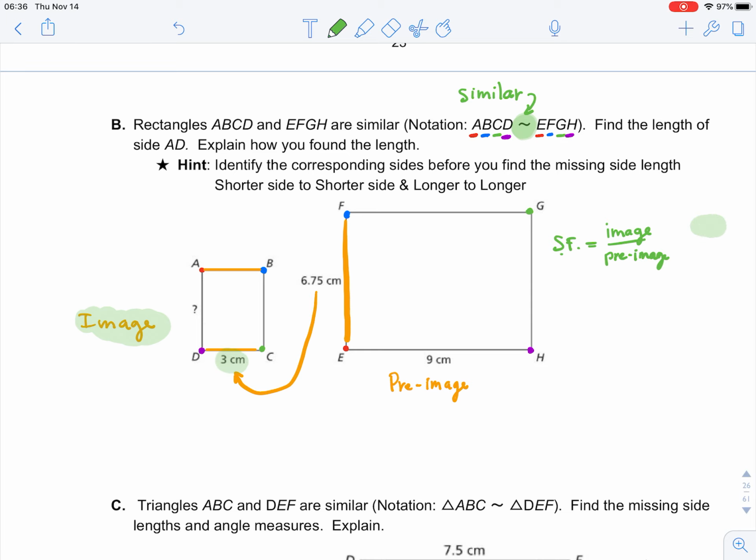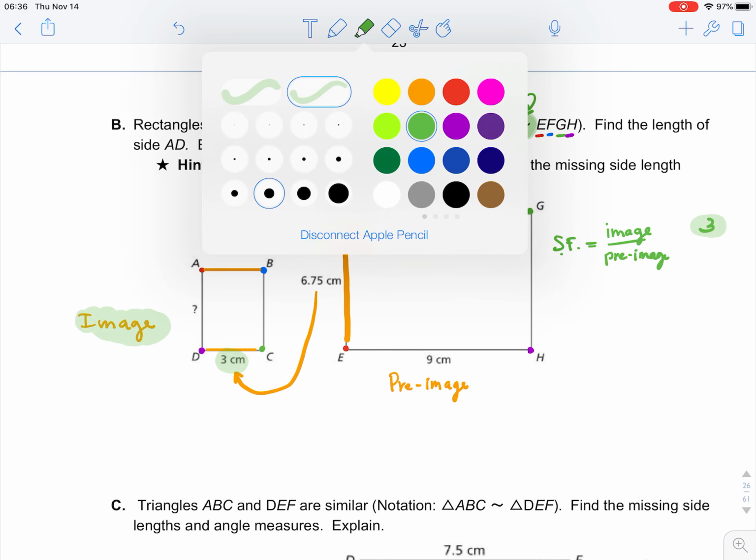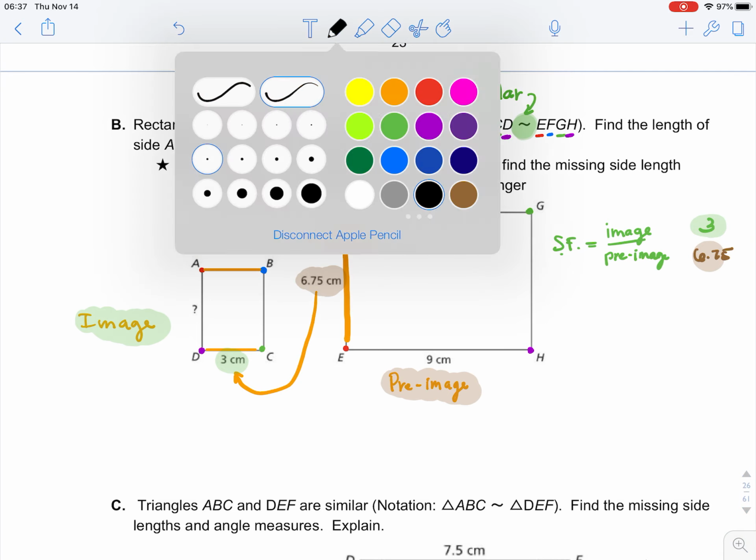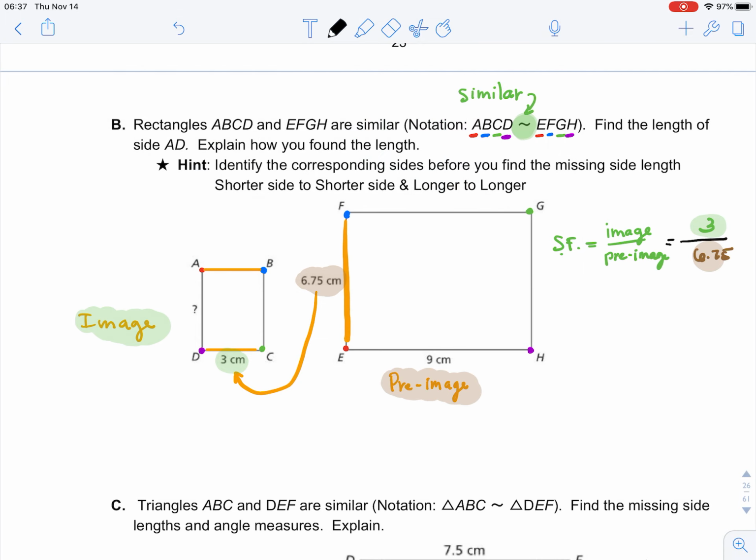So I'm going to put that 3 there. Okay. We also know, what color should we use? We'll use brown because we don't use it very much. Over pre-image. Okay. And our pre-image value is this one over here on the big one. We go from big to small. So that number is 6.75. That is our scale factor.